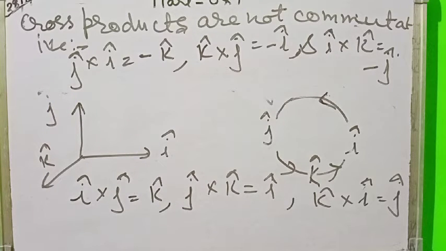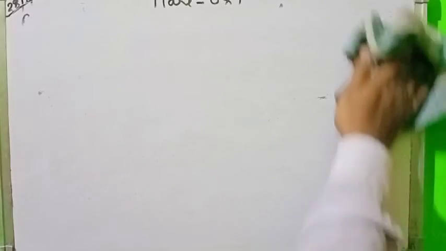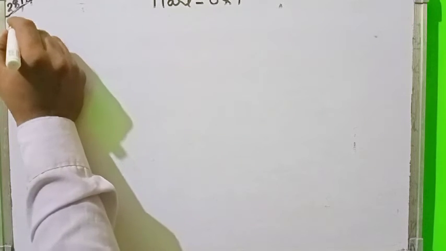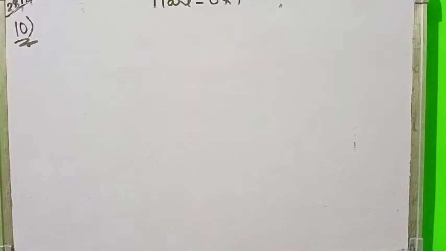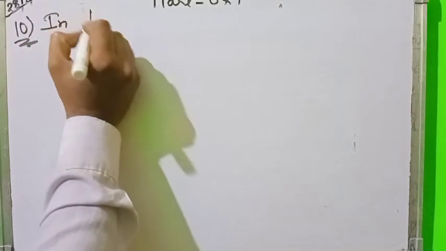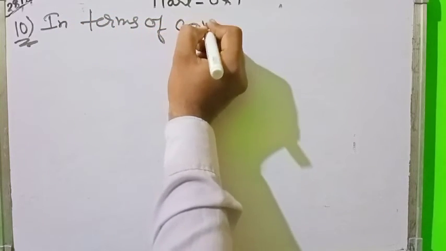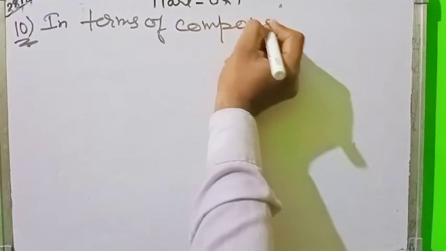Now the cross product of vectors in component form is very important to discuss, so try to grasp and understand it. This is the last property, in terms of components.